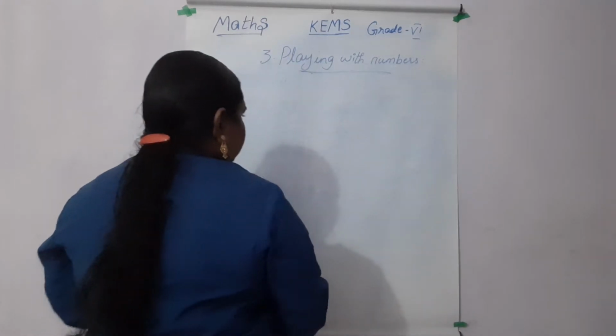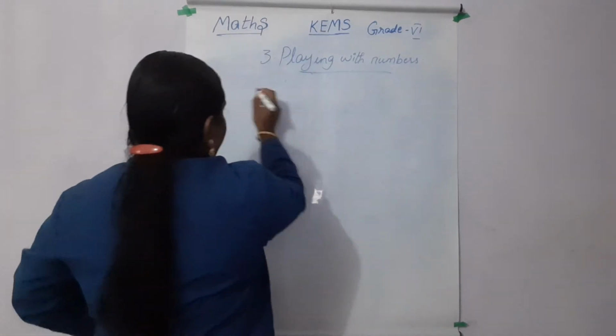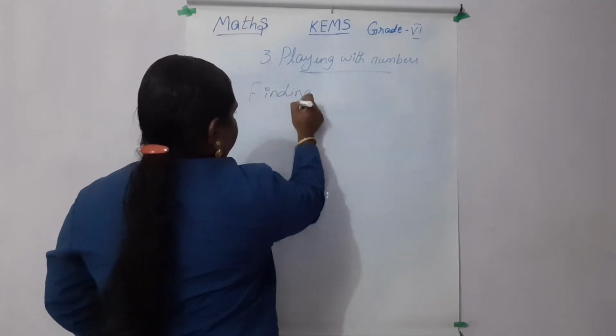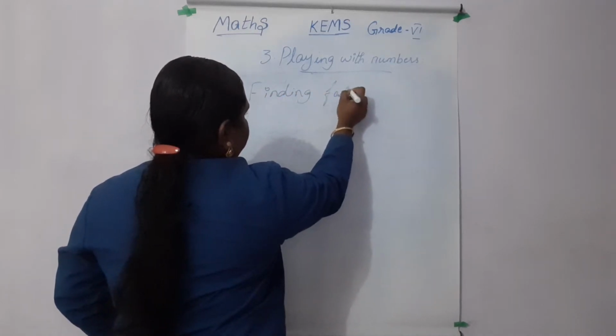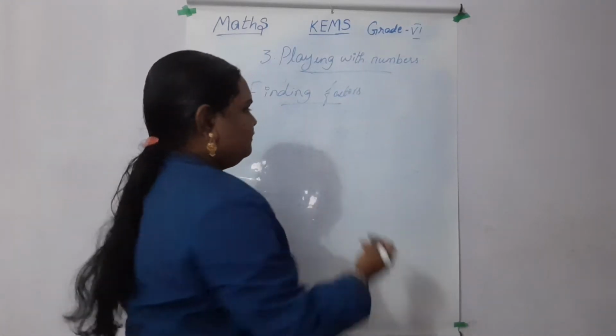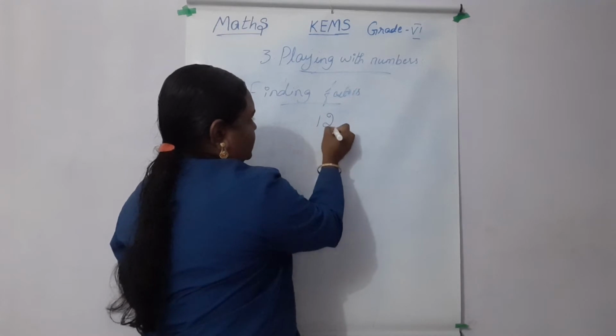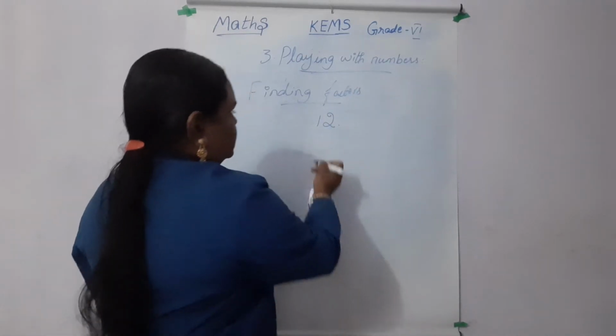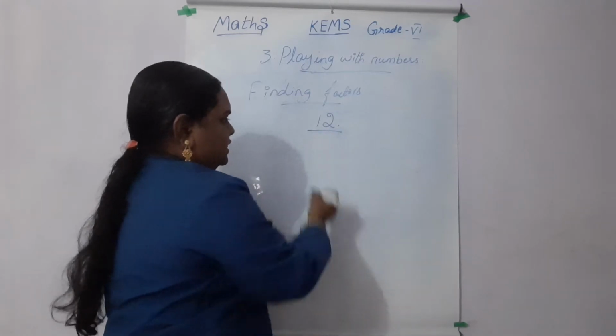Then next we are going to learn finding factors. First I have to find the factors of 12. I am taking the number 12, so I am writing the possible numbers.